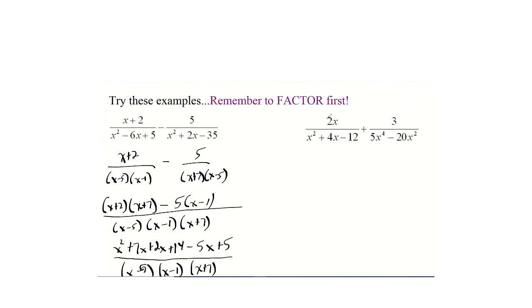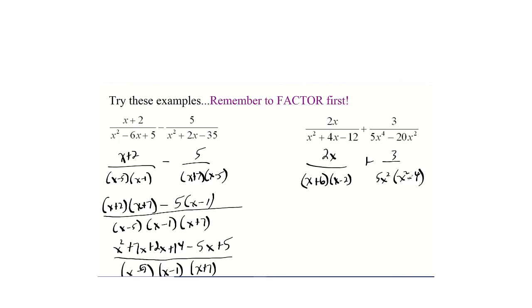Our last one. Same thing, you've got to do some factoring here first. So I get 2x, multiply to get negative 12 and add to get 4: x plus 6, x subtract 2. GCF, take out x squared and also a 5. So 5x squared is the greatest common factor, leaving me with x squared take away 4.